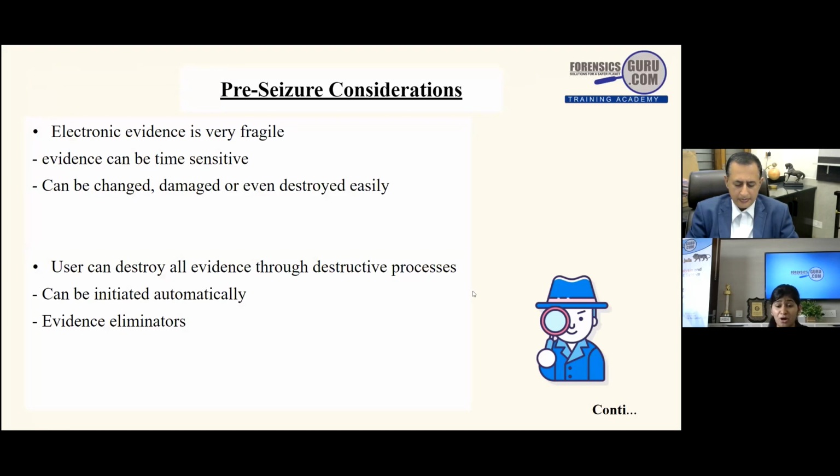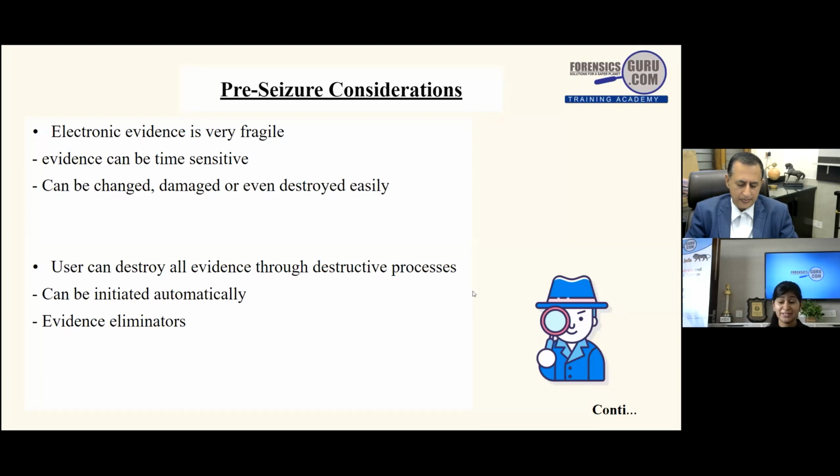All right, moving forward. Very important for the first responder or the investigating officer, there are some pre-seizure considerations. These pre-seizure considerations are very important, and the first responder or investigating officer should keep these in mind. The very first thing is to be sure that the nature of digital evidence is volatile, very time sensitive; it can be destroyed easily, it can vanish easily.